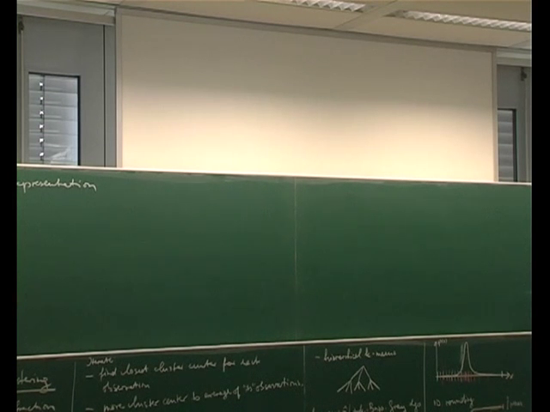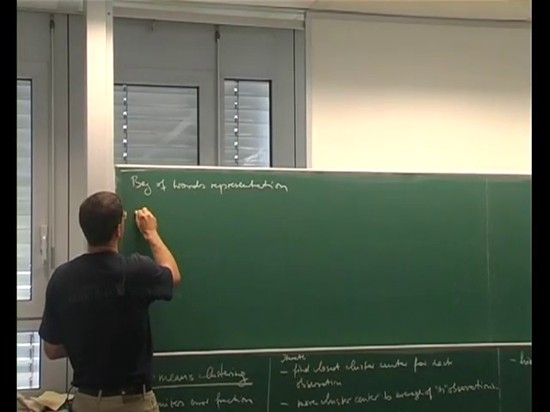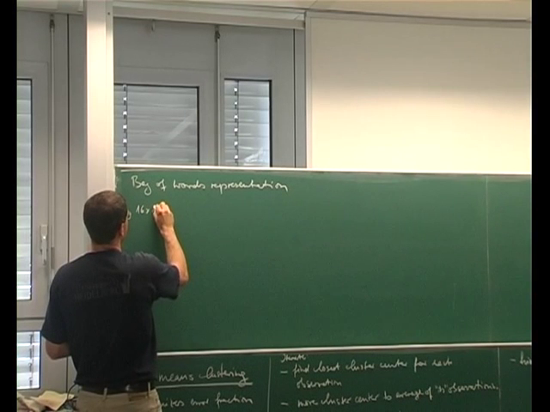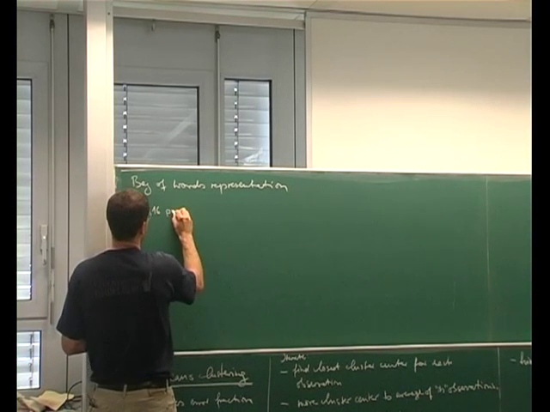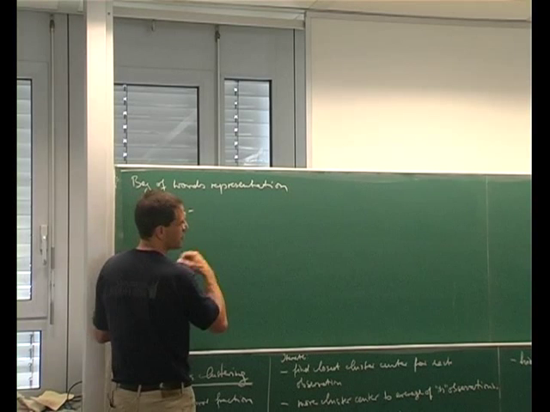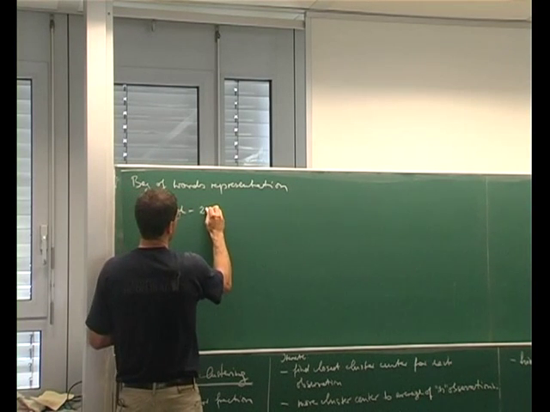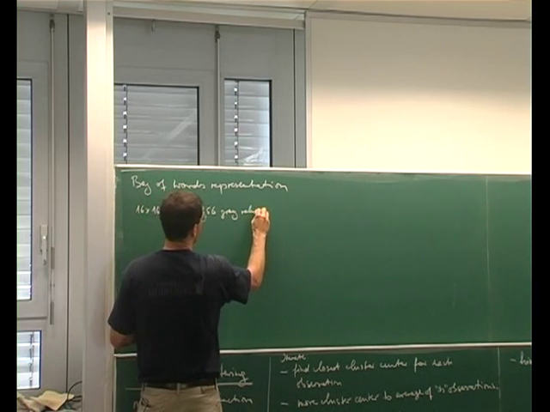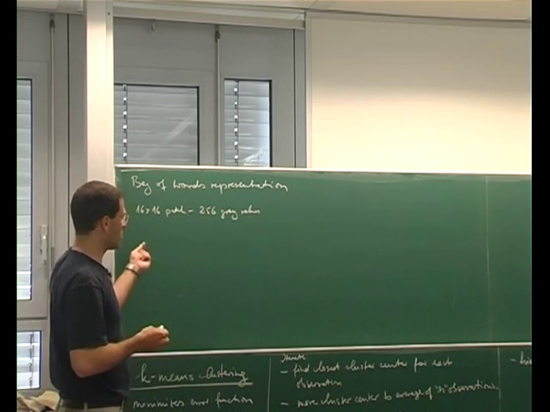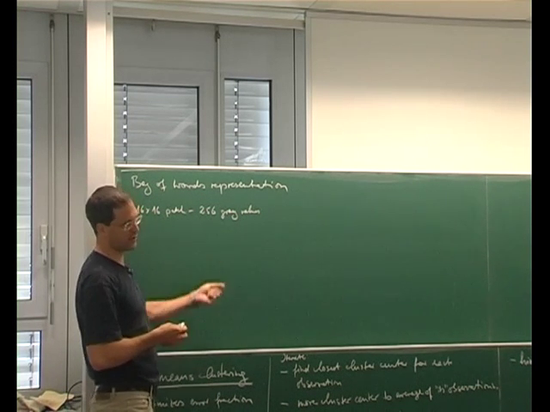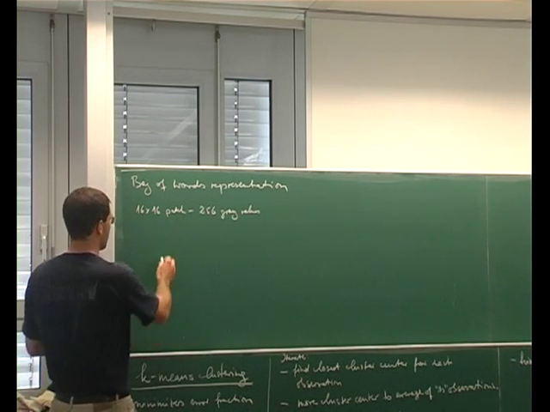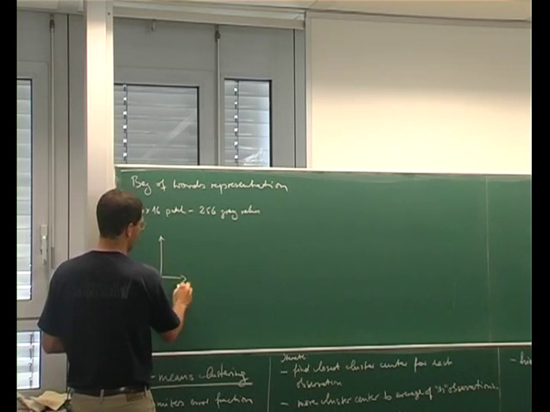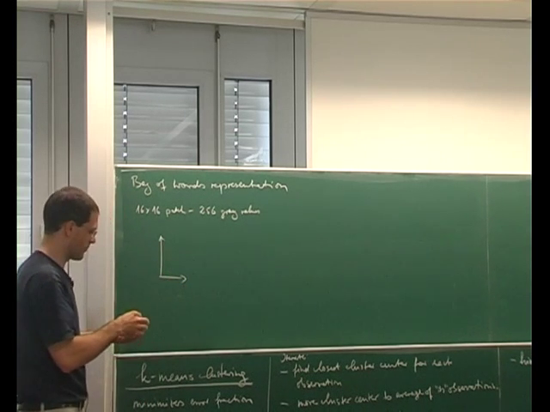So let's say if we take a 16 by 16 patch, and if we assume it's a gray value image, we would have 256 gray values for each patch. So each patch lies in a feature space with 256 dimensions. And out of these 256 dimensions, I'm showing only 2 now.